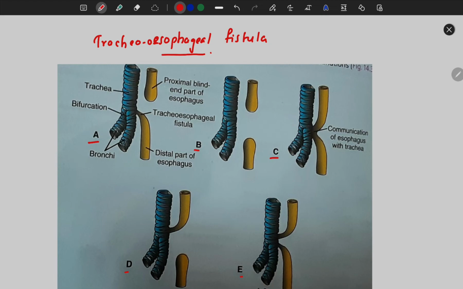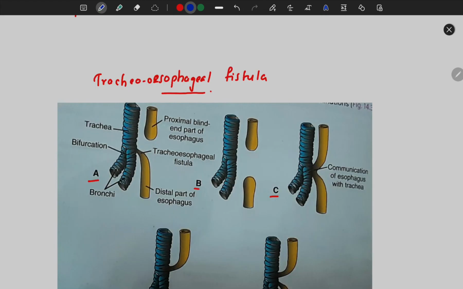Fistula means abnormal connection. Actually, there will be esophageal atresia, with or without the development of a tracheoesophageal fistula. I'll show it in the diagram.